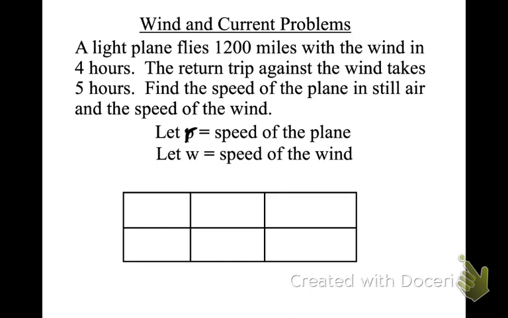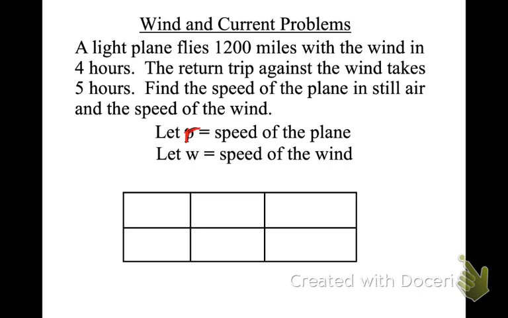We're going to use R for the speed of the plane and W for the speed of the wind. Now, it is the same story if you are using water. When you're in the air and the wind hits the face, that's called a headwind.